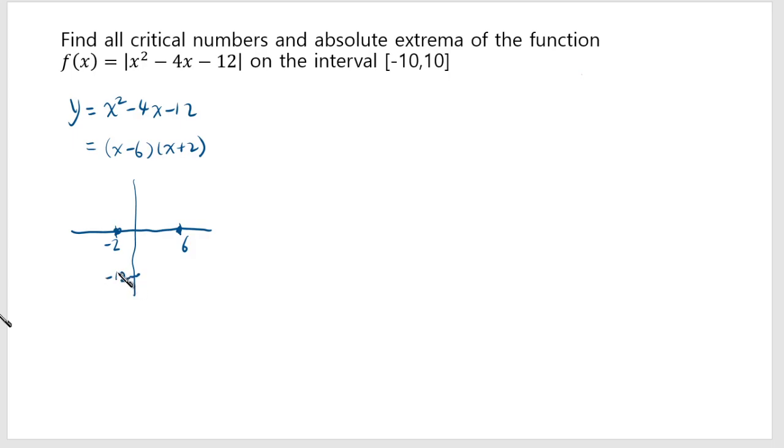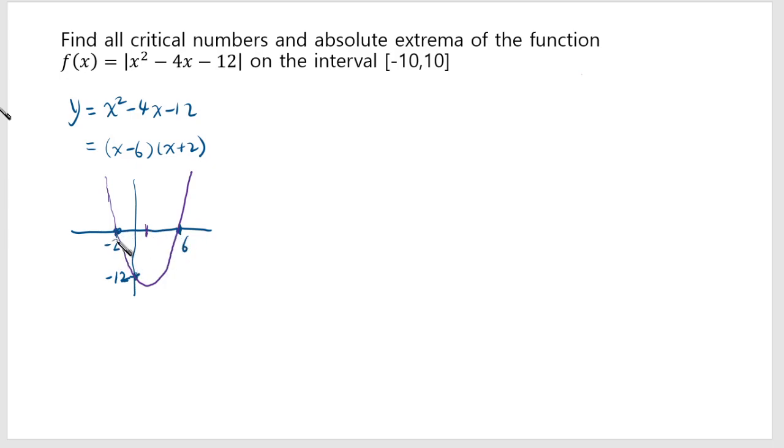The figure is not drawn in proportion; I think the y-axis is more squeezed. Then I need to draw a parabola connecting these 3 points, because a quadratic function gives you a parabola. The axis of symmetry of a parabola passes through the midpoint of the two zeros.